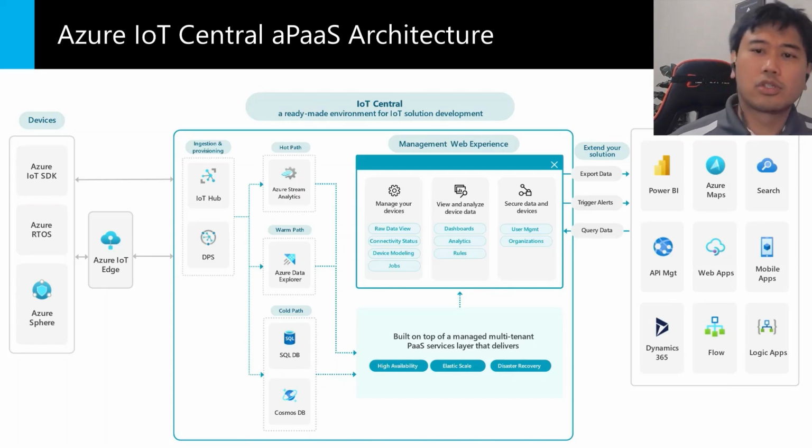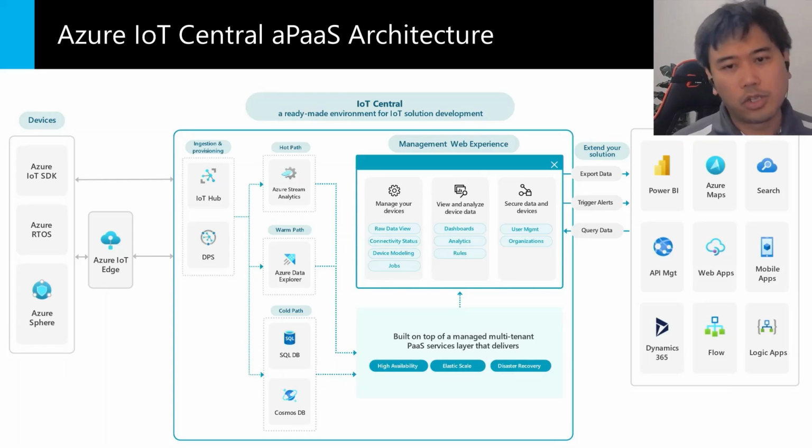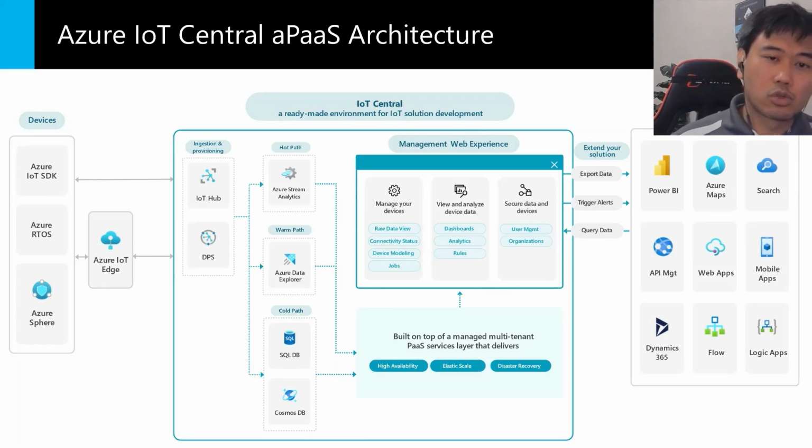So you can export it to Power BI, Azure Maps, Search, web apps, and you can also trigger alerts through Microsoft Flow or Logic Apps. Or it has a REST API capability where you can control the IoT Central system and send data to a device, or you can query the status of each one of these devices or the management of it.